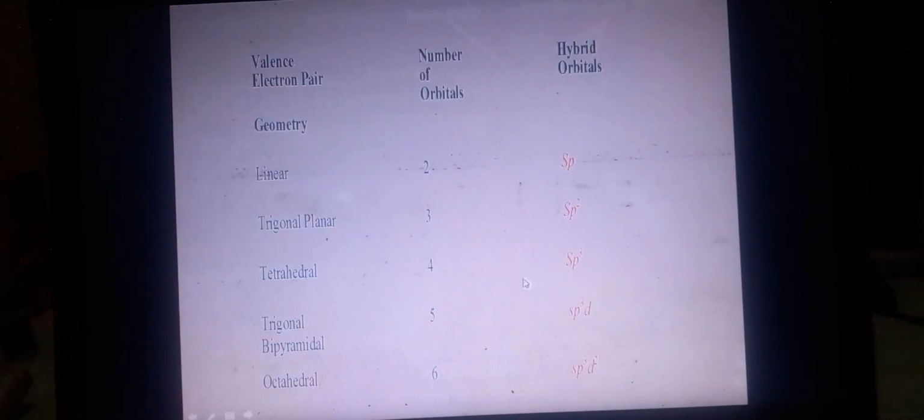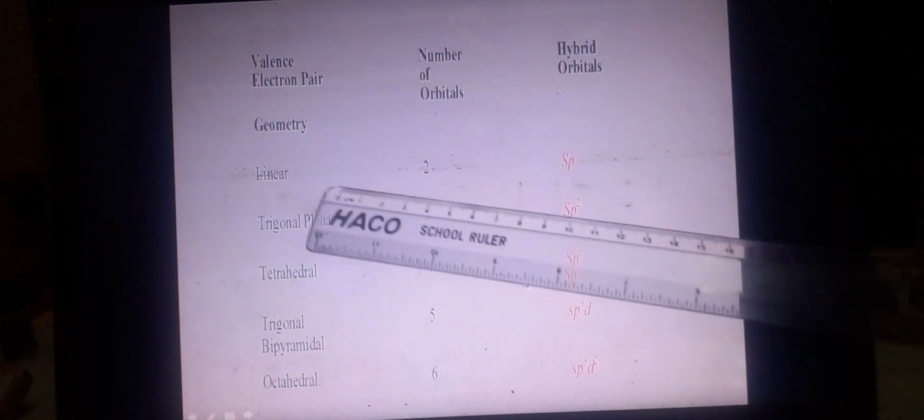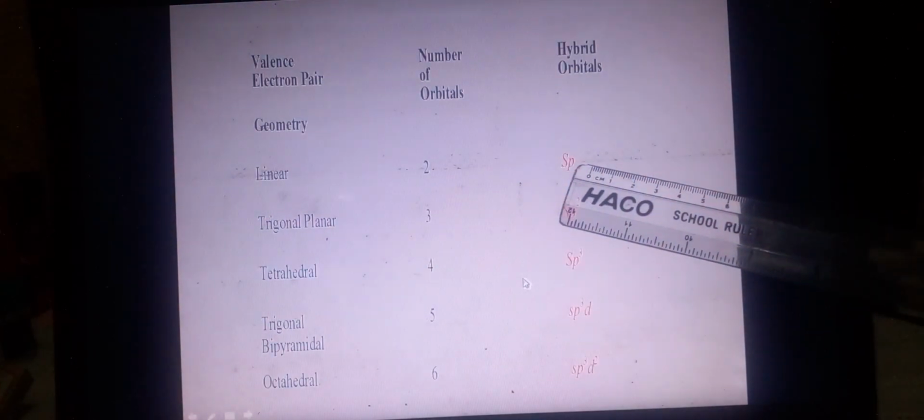So that table shows valence electron pairs, the number of orbitals, and hybridization. If that geometry is linear, it means it has 2 orbitals participating in the bonding, so it is sp hybridization. If it has 3 orbitals participating in bonding, then it is sp2 hybridization.